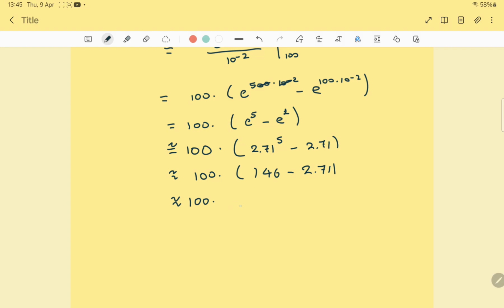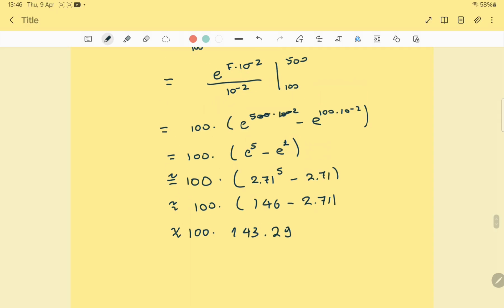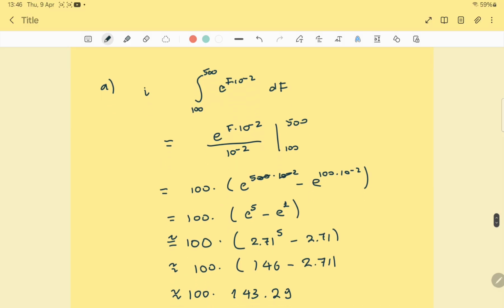So that's going to be 100 times 143.29, if I'm not mistaken somewhere.